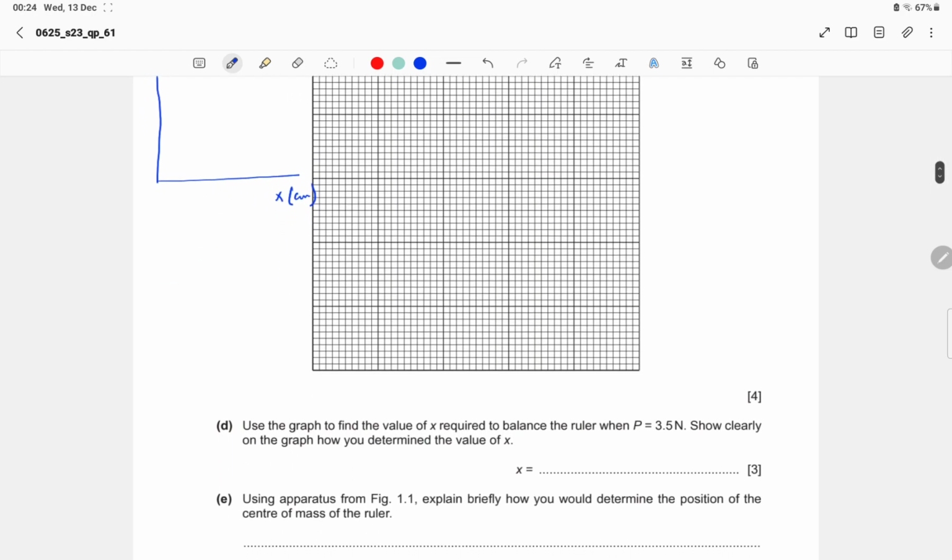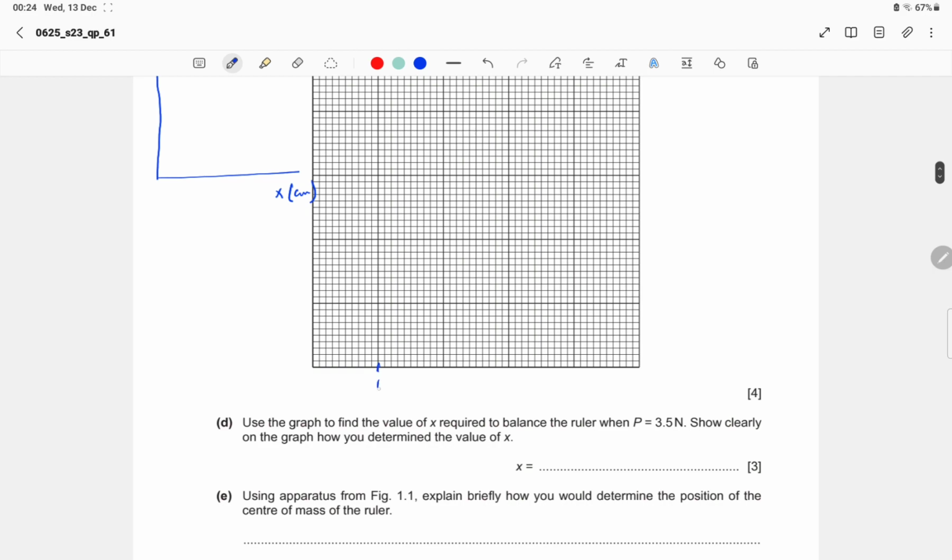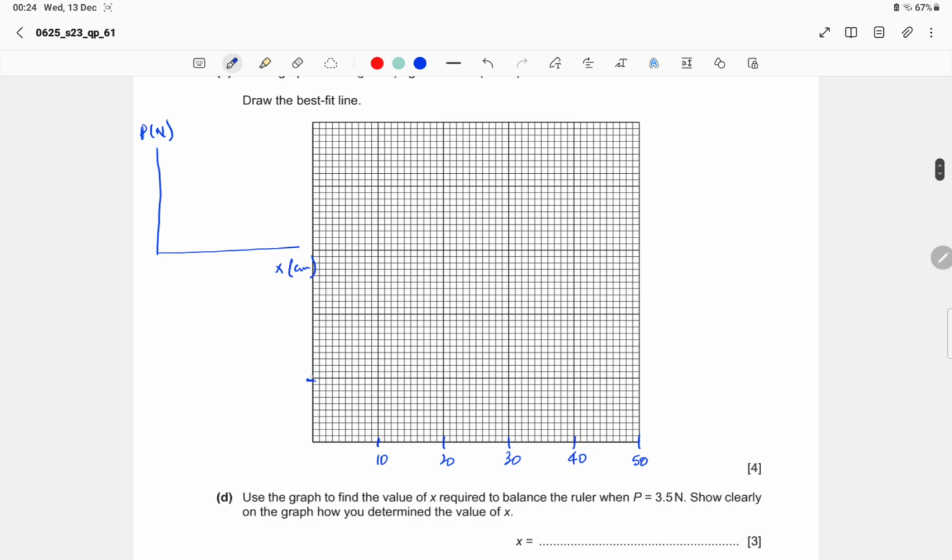If I draw these labels, this is going to be 10, 20, 30, 40, and lastly 50 centimeter, and this is going to be 1.2, 2.4, 3.6, then 4.8, and last is going to be 6.